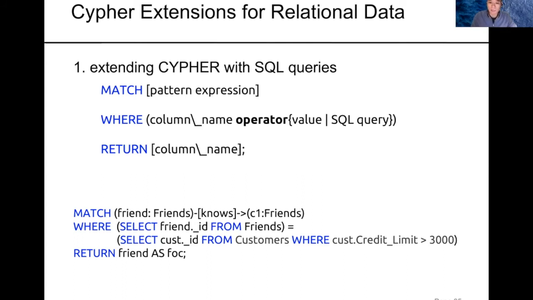So if you want to find all of the friends of a customer whose credit limit is over 3,000, at first you can match the friend of a customer, and in the WHERE clause you select the friend from the friend graph, and also you have to select all of the customers with credit limits over 3,000, and make a comparison between this result, and if their friend ID equals the customer ID, it means that you got the result, right.